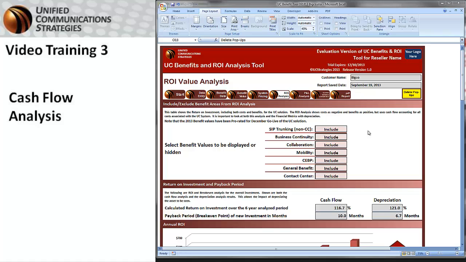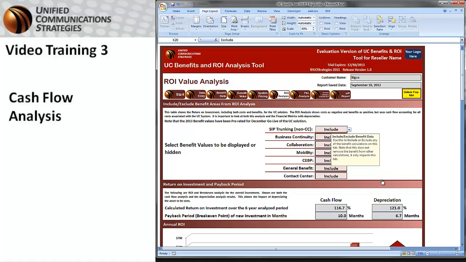So what you see on this page up at the top is you see the capability of include or exclude any of the benefits. So you can, for example, click here and exclude our SIP trunking benefit. And you'll notice down here the cash flow or the cash flow and depreciation, ROI, and potentially the break-even point will change when you do that.